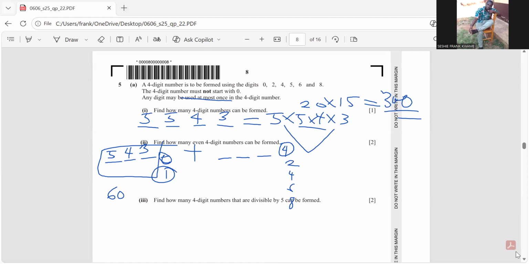Sorry, that's 4 options except 0 for the first number, and then the last number is also 4 options. You can choose 0 here, so you have 4 numbers to choose from again. Then we can choose 3 numbers here. So that's going to be 4 times 4, 16, times 3, 48, times 4, 192, plus my 60, and that's going to be 252.